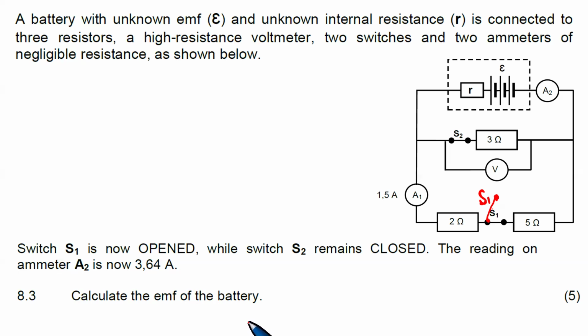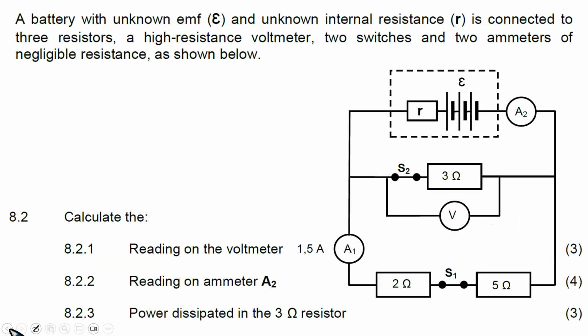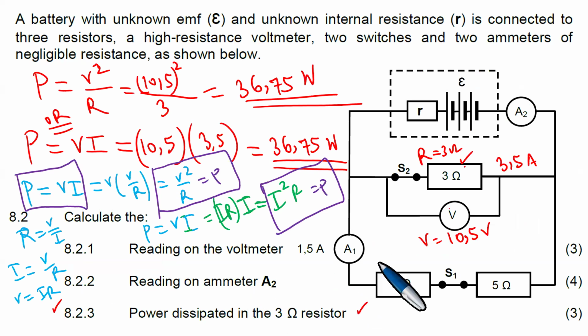So we proceed as follows with this question. A couple of things you need to take into account is the fact that we have already done some calculations. For example, we have determined that here this is 10,5 volts, this is 3,5 amperes.